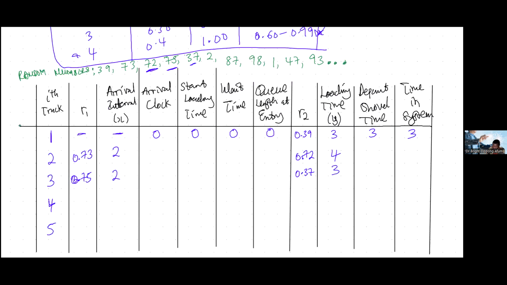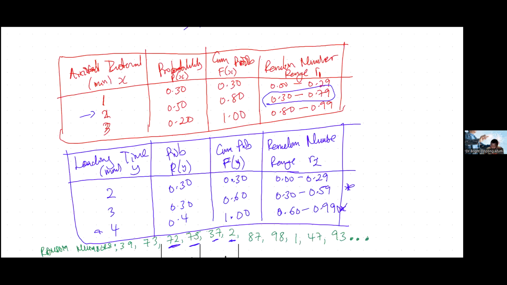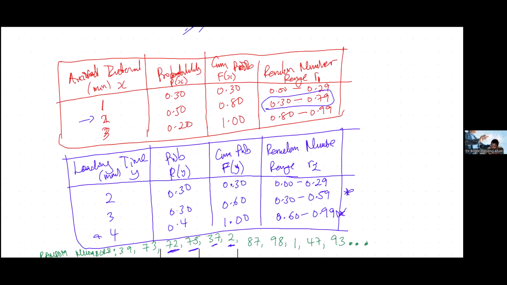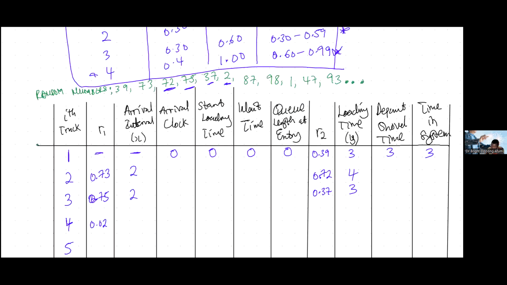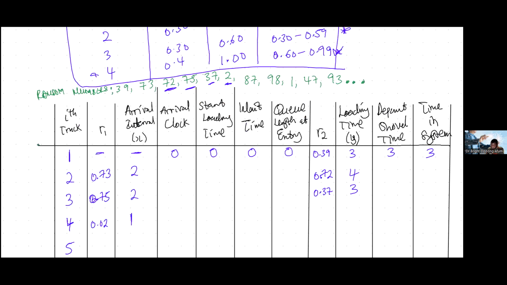Then for the fourth track, we have 2. So 0.02, I go to the arrival time, and I have it here, which is 1 minute. So the next track will arrive in 1 minute. That's what it means. Then the next one is 87, which is 0.87.